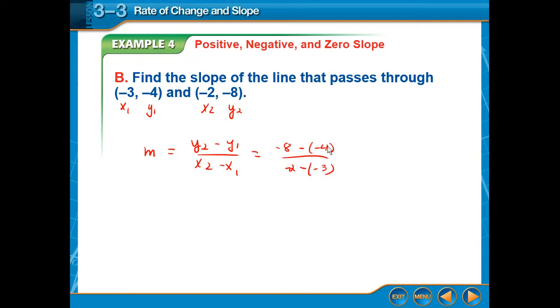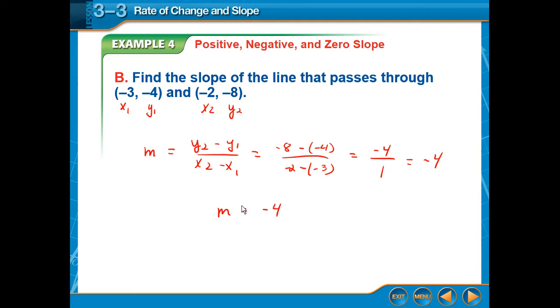So -8 minus a -4, that's plus 4. So -8 plus 4 is -4. And -2 minus a -3 is the same thing as plus 3. So -2 plus 3 is 1. So I get -4 over 1. So m equals -4.